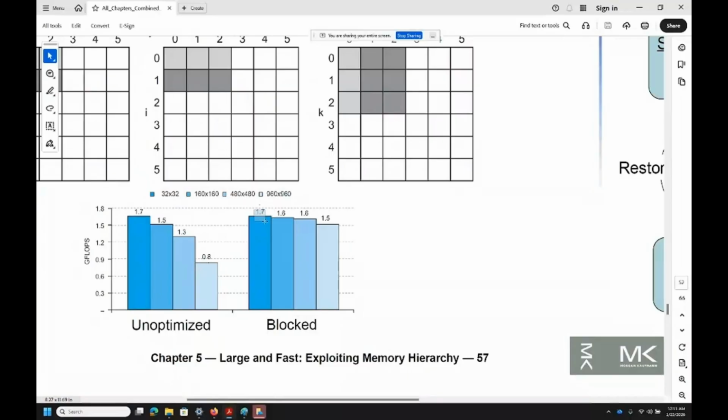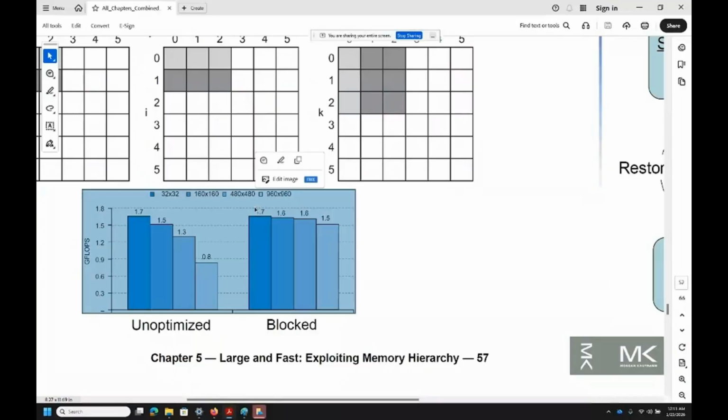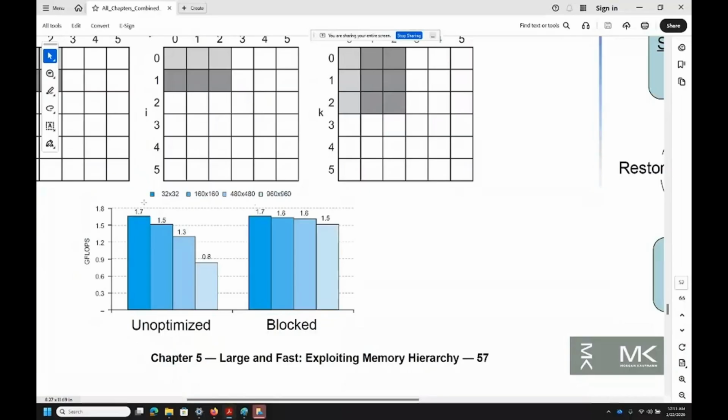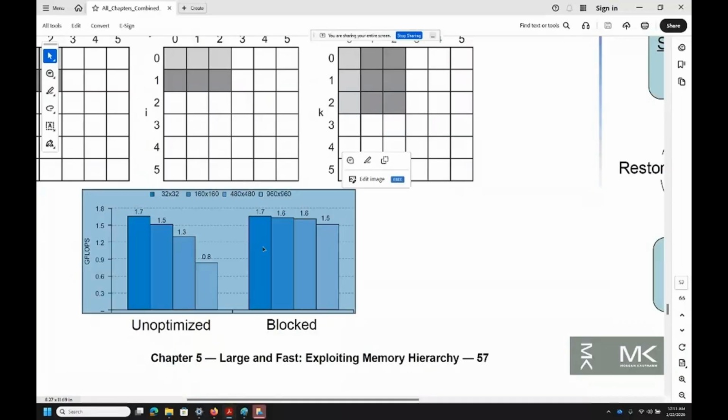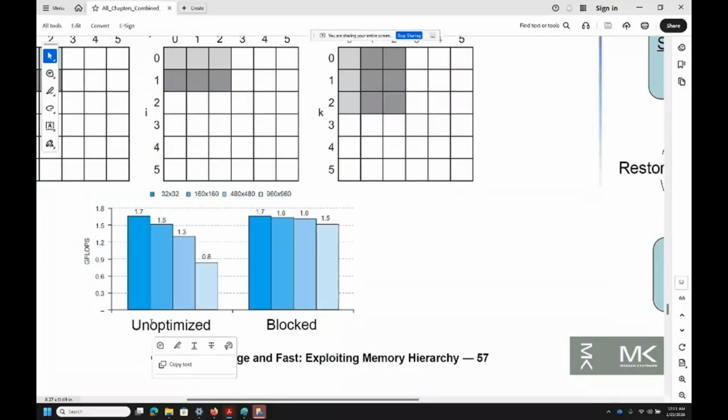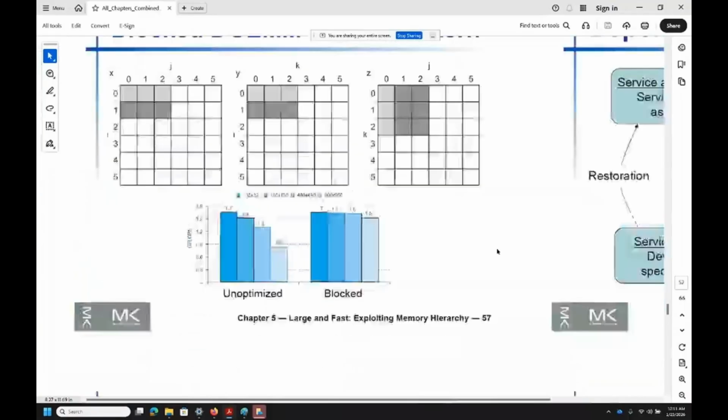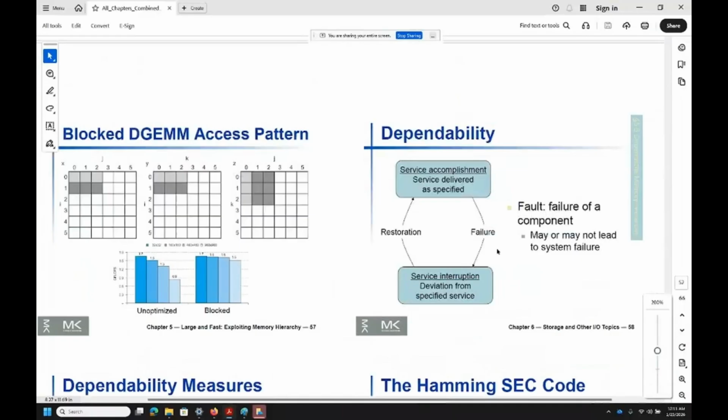The blocked program performs at the same speed when the array is very small, because the entire array fits in the cache, so it doesn't matter whether you're accessing it in blocks or not. But as the array size grows beyond what can fit in the cache, blocking gives you about twice as much performance as no optimization at all.